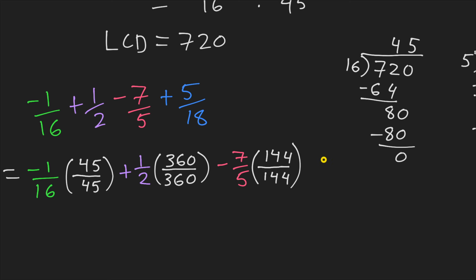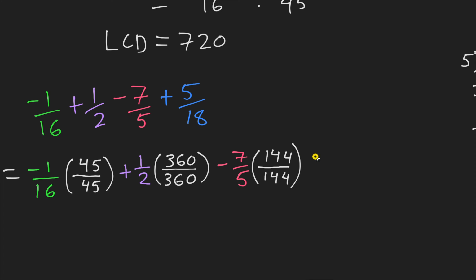Now to this, we're going to want to add an equivalent fraction for 5 over 18 that has a denominator of 720, except I'm starting to run out of space here, and we really don't need this. This was just a calculation to find out what we had to multiply 16 by in order to get to 720, so we don't actually need this calculation. I'm just going to erase it to get it out of the way.